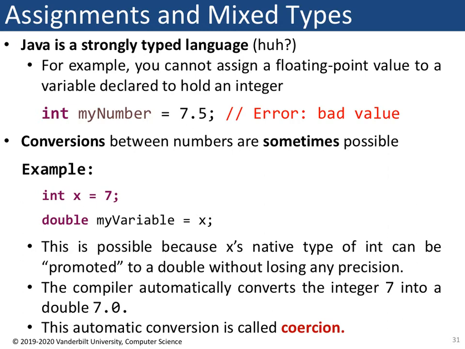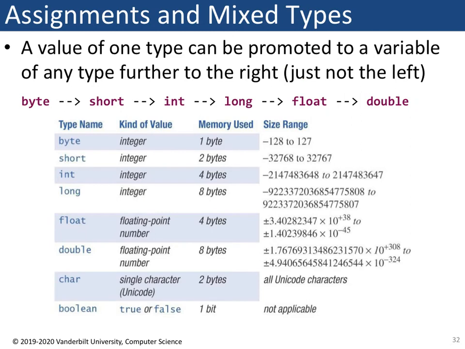So the compiler will automatically convert our integer value 7 to a double value 7.0, and store that value into myVariable. When the compiler does this sort of automatic conversion from one data type to another, this promotion, it's referred to as coercion.